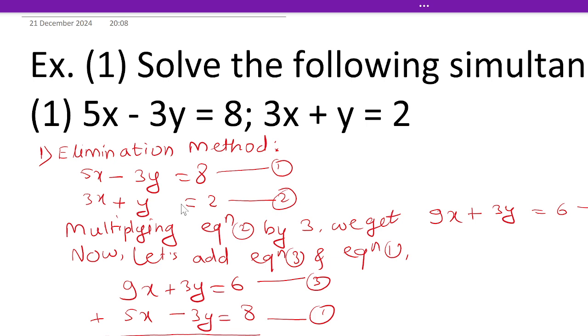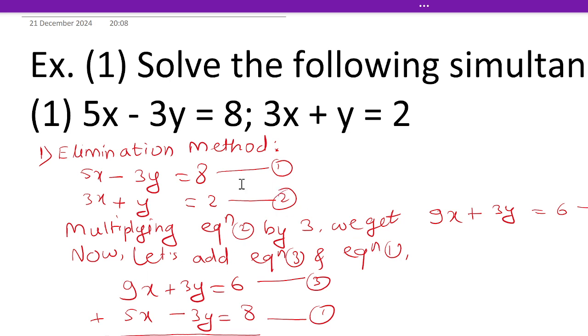So what am I doing here? I will just multiply equation number 2 by 3, so that I will get a new equation which is 9x plus 3y equals to 6, and here I am assigning this as equation number 3. So now we have two different equations.